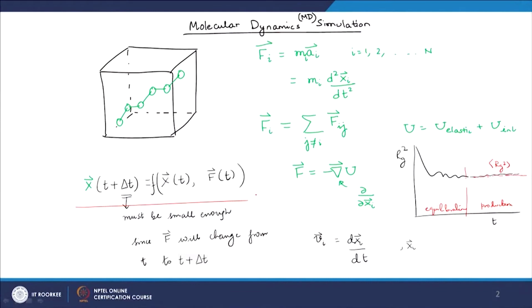In MD, the time steps are restricted by the numerical error I am making when I am updating the position. So, I really cannot take longer time steps because the numerical errors will be very high. In a Monte Carlo simulation, there is no numerical error if I use a larger displacement, because in any case we are not doing the true dynamics of the system.